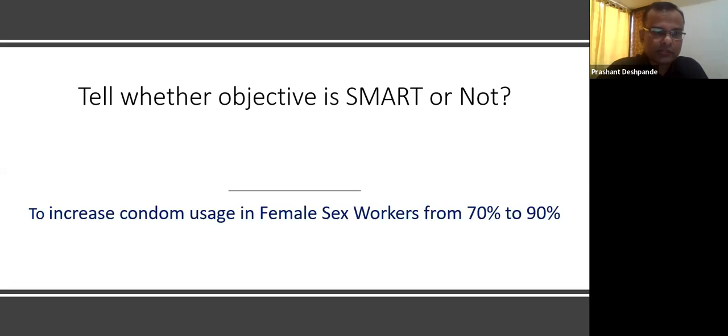So the first objective is to increase the condom usage in female sex workers from 70 to 90%. Is it a SMART objective? You can mention yes or no. I think the screen is visible.